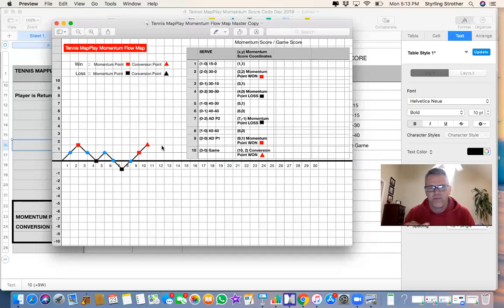Once it gets to 3, it resets again. So I guess we'll have to talk about that. But figuring out, making this map is, to me, the easiest way to pull off how many points are won or lost in a row. So that's what I've got so far.